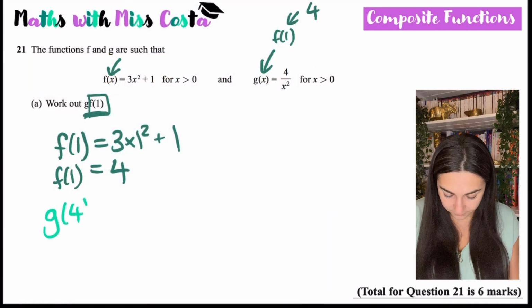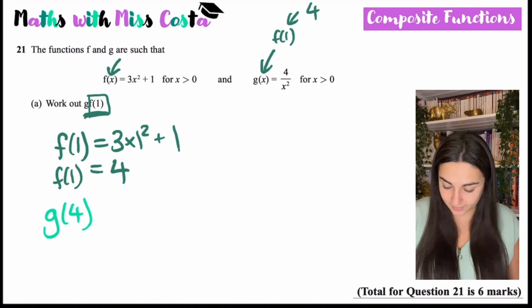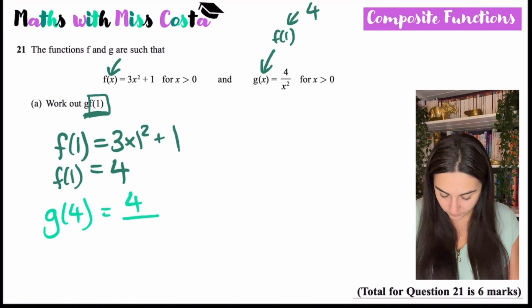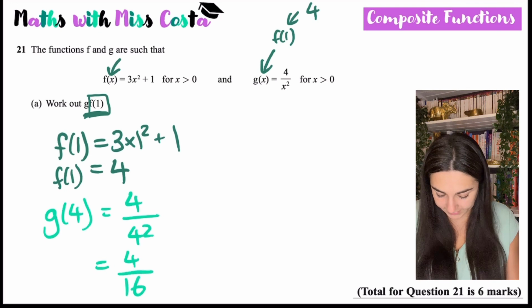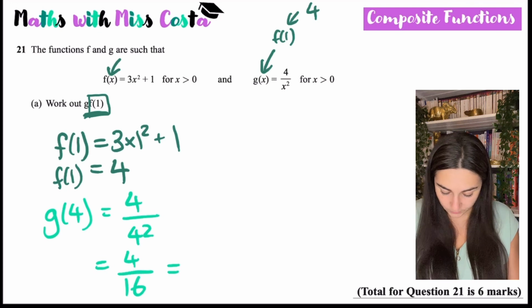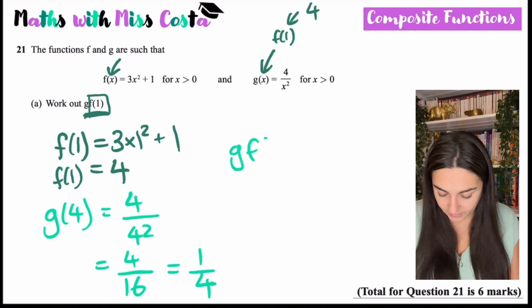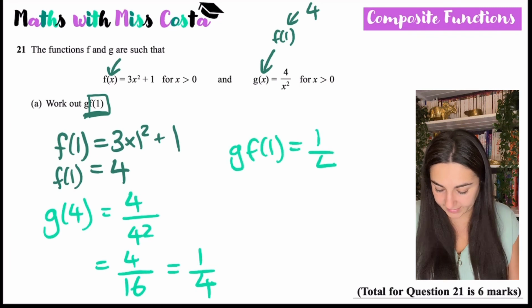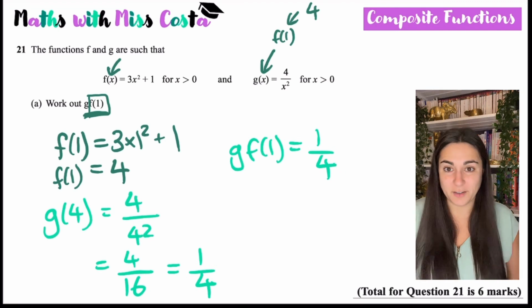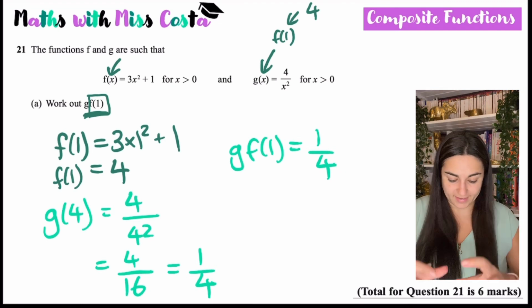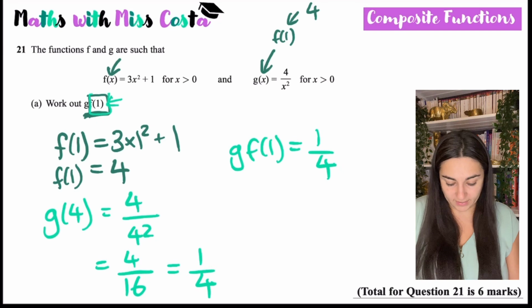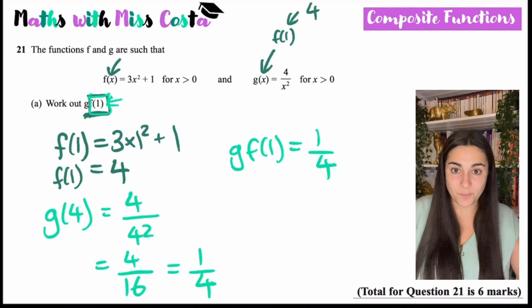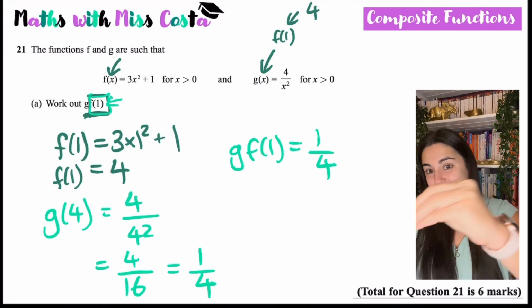So g of 4, which is technically g of f of 1, would be 4 over 4 squared, which is, what's 4 squared? 16. 4 over 16, which we could simplify to a quarter. Okay, so g of f of 1 is a quarter. So with composite functions, you start from the outside in. So what's your bracket? You separate that first, and then figure out what that is and insert it into the next function.